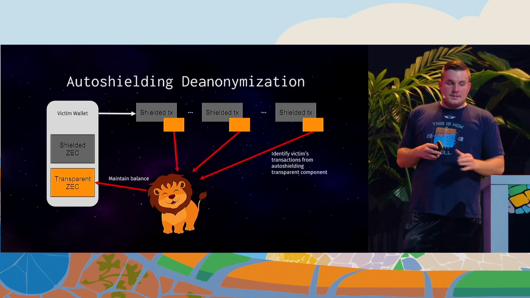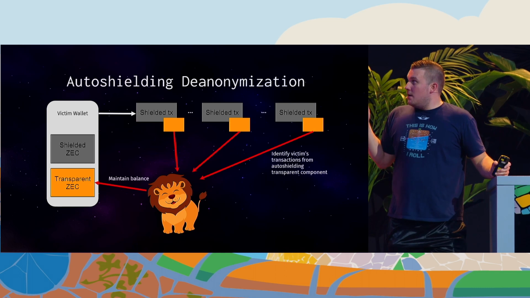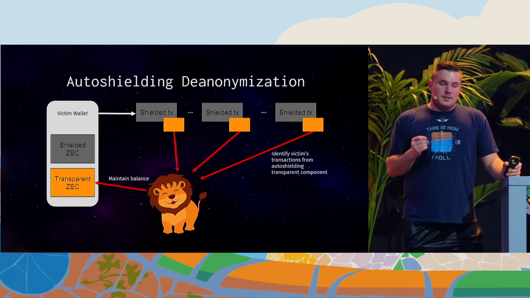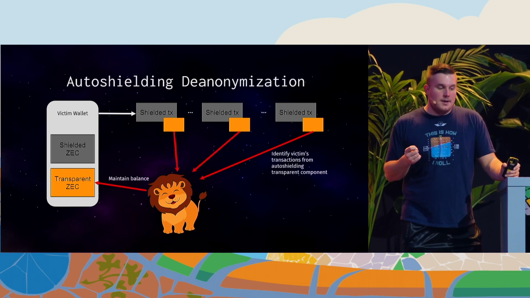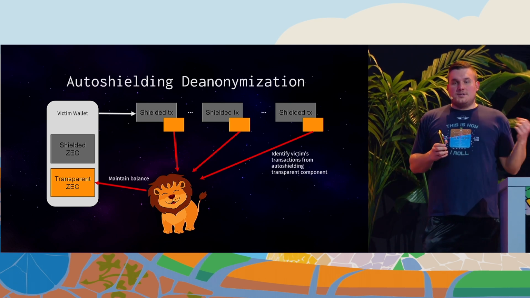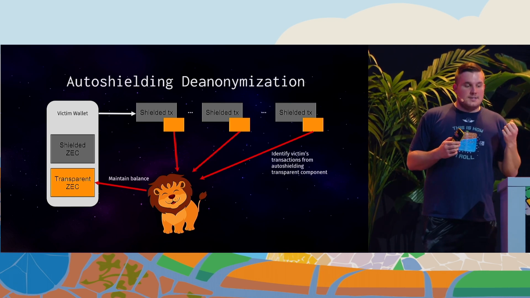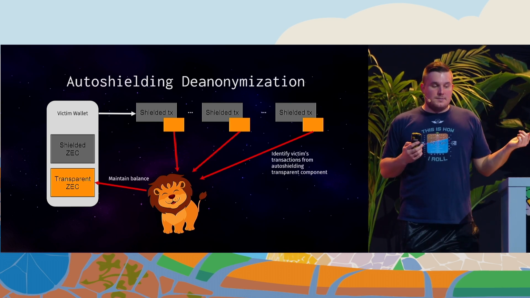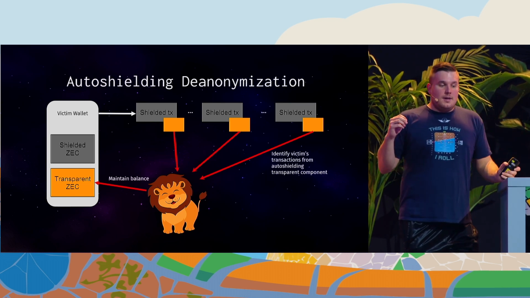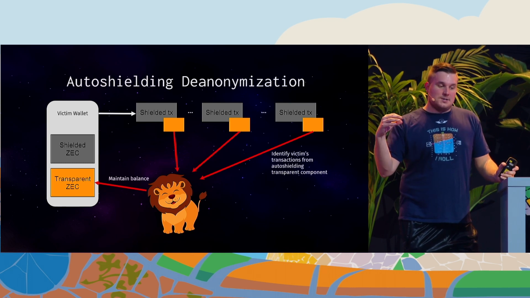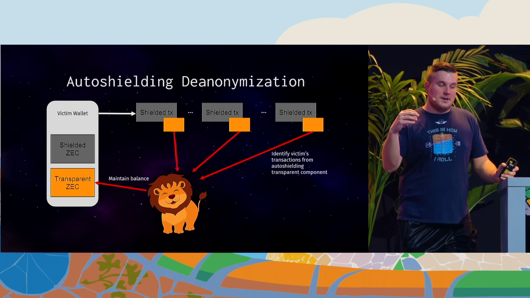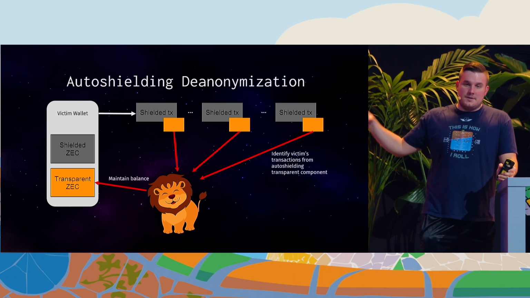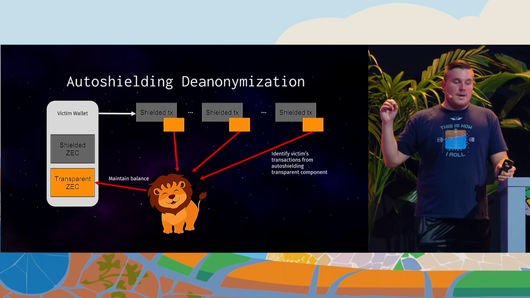Another bug is that another wallet would automatically auto-shield your transparent Zec. Whenever the user made a shielded transaction, it would check whether there was any transparent balance, and if so, it would include a transparent transaction in the shielded transaction that moves the transparent funds into your shielded wallet.